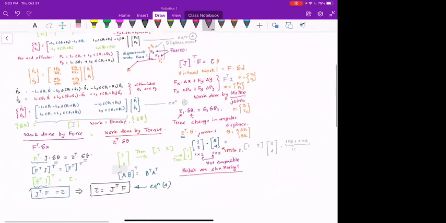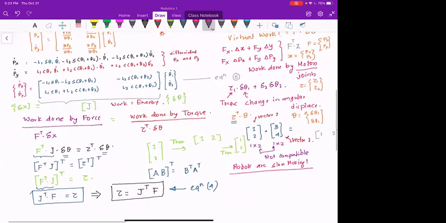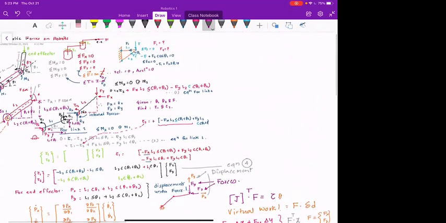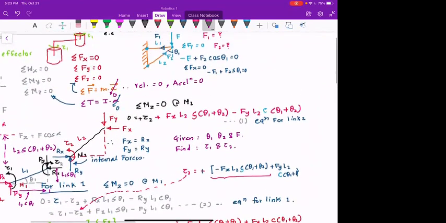Now, when we do the dynamic analysis, please understand what is happening here. I will go back for a second. When we are looking at the dynamic analysis, the accelerations, which are shown over here, and angular accelerations, which are shown over here, cannot be ignored.